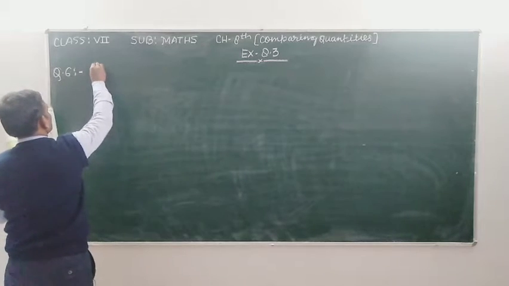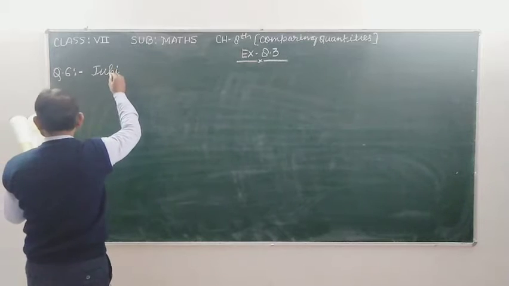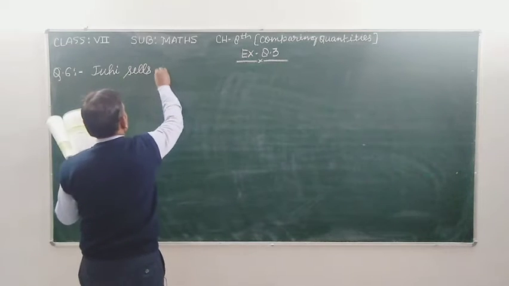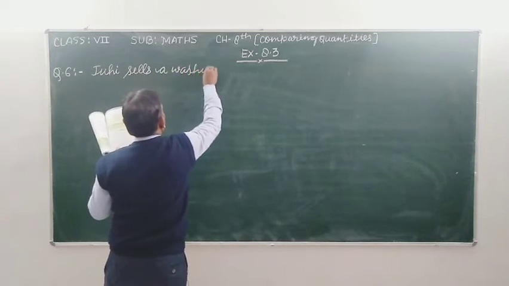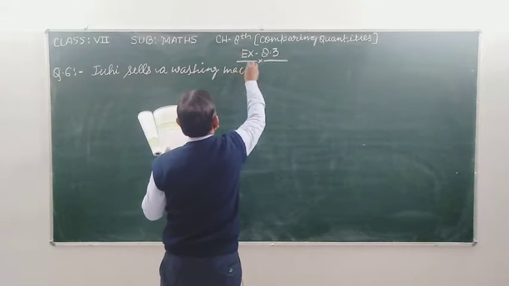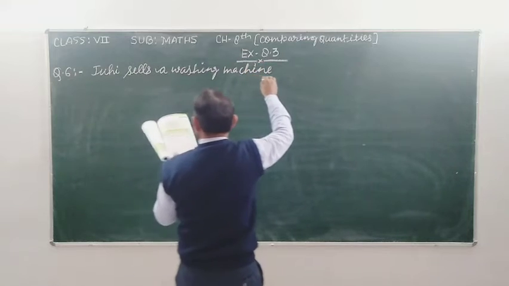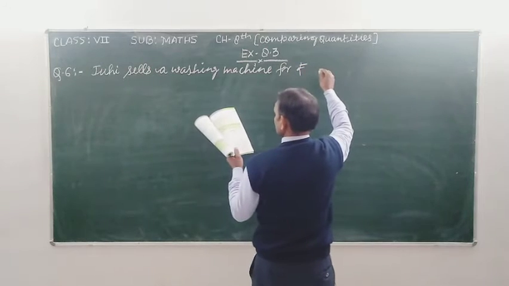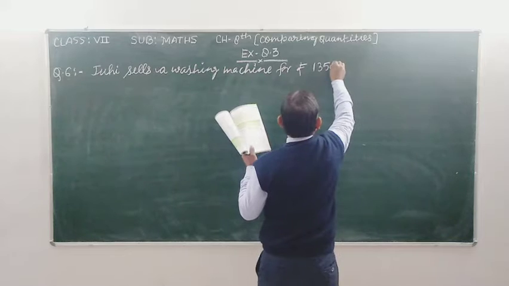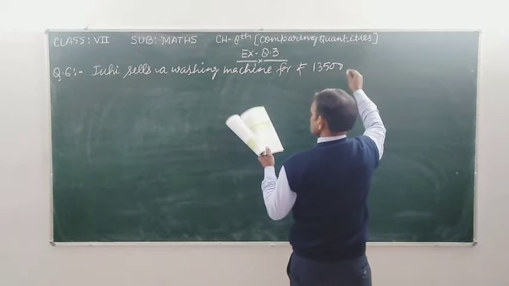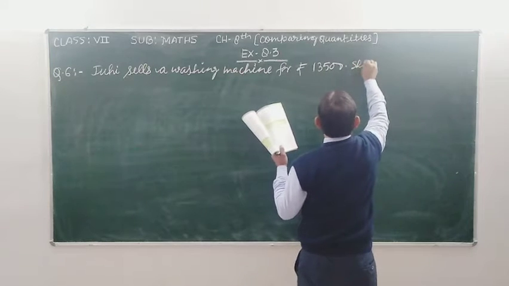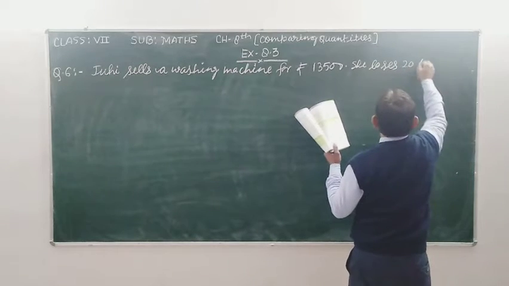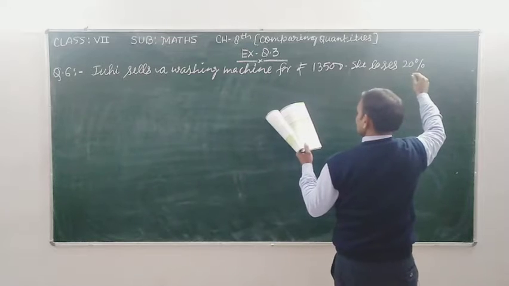Juhi sells a washing machine for rupees 13,500. She loses 20% in the bargain.